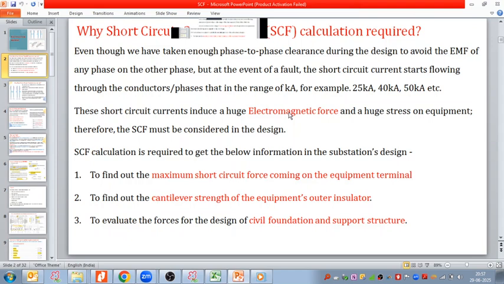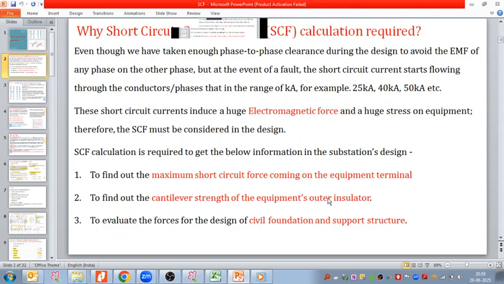SCF calculation is required to get the following information in the substation design. First, to find out the maximum short circuit force coming on the equipment terminal, so accordingly I will select the equipment terminal. Second, to find out the cantilever strength of the equipment outer insulator, so that the equipment insulator should not break.